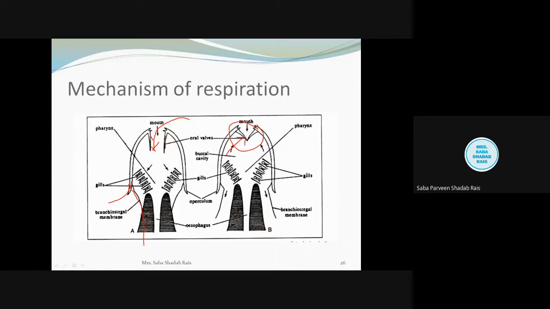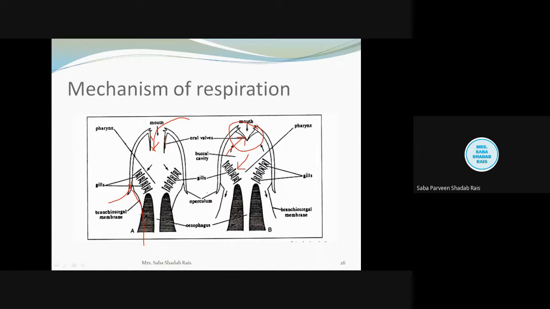Now pressure on the oral valve will close the oral valve, and at that time here also pressure will come, and from that pressure this branchiostegal membrane will open, and all this contraction will automatically bring force here, and with that particular force the water will pour to the gills, and from the gills it will go to the opercular cavity, and the water will move out of the body, and at this particular place exchange of gases will take place in the gill lamella.